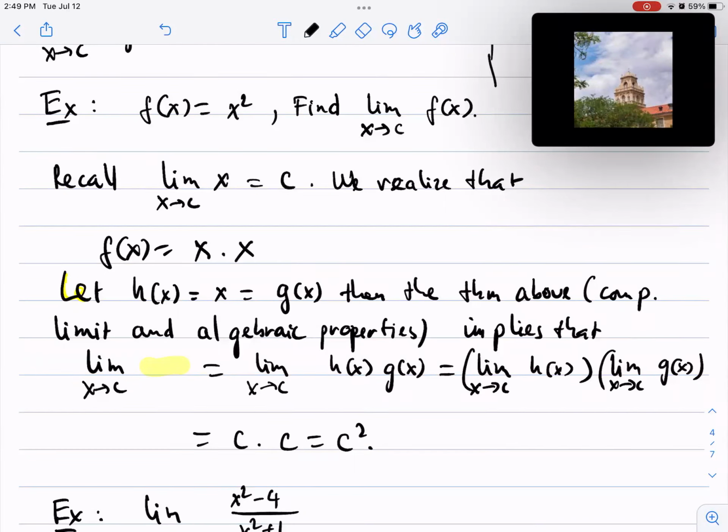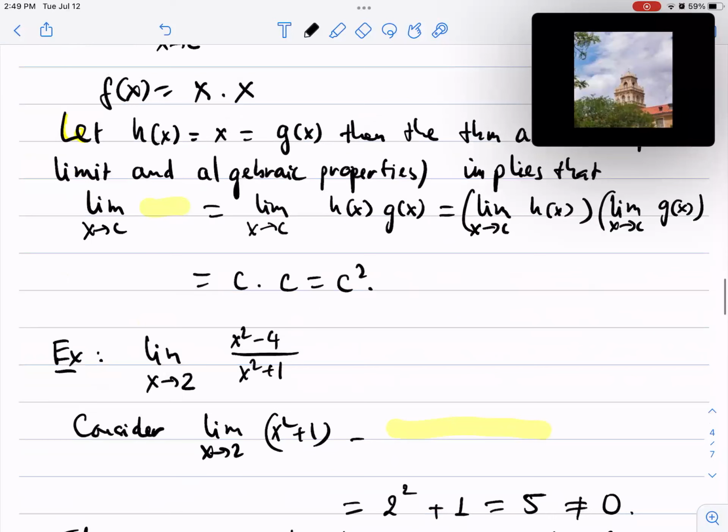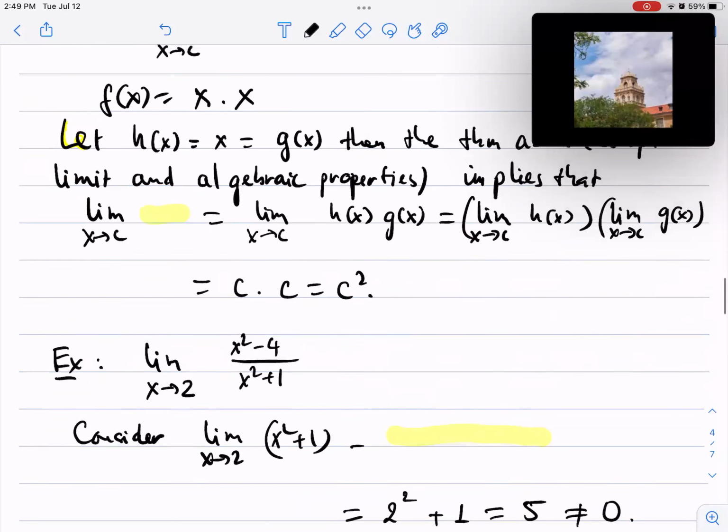That is, essentially, the product of two functions whose limits we know how to find. So we let h(x) equal g(x) equal x.